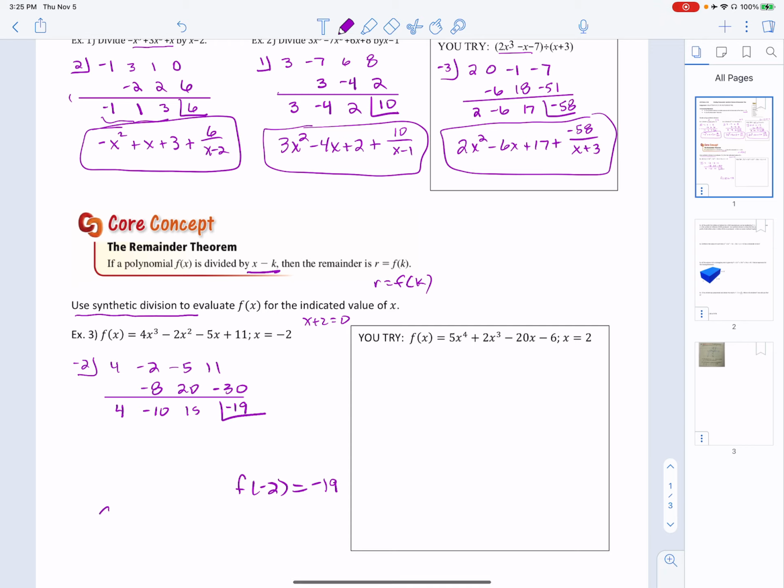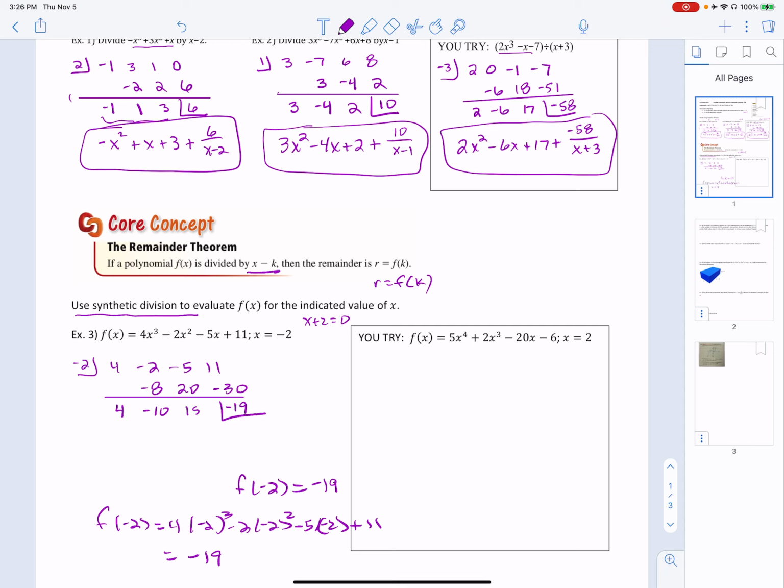So, I mean, literally, if you put that negative 2 into this function, you would get out a negative 19.